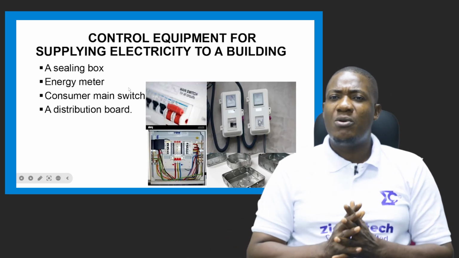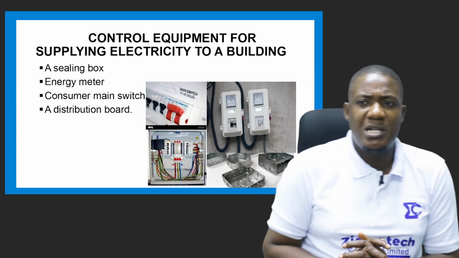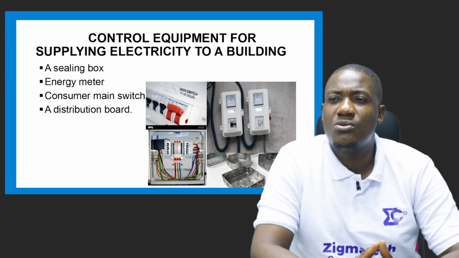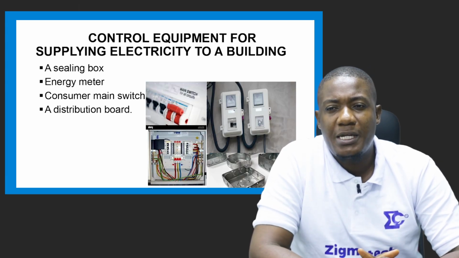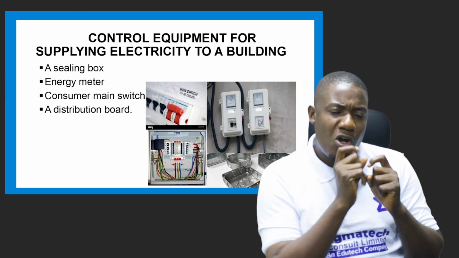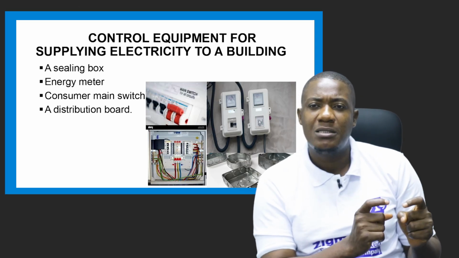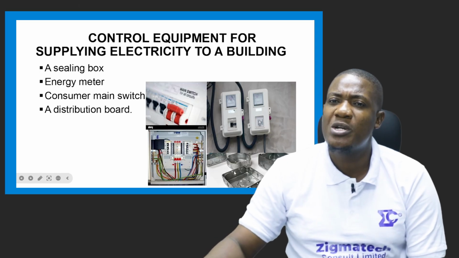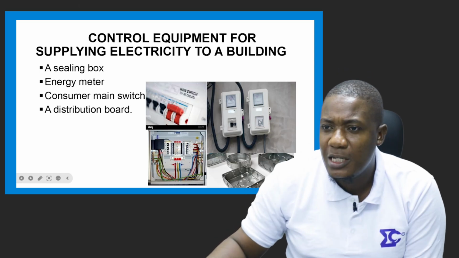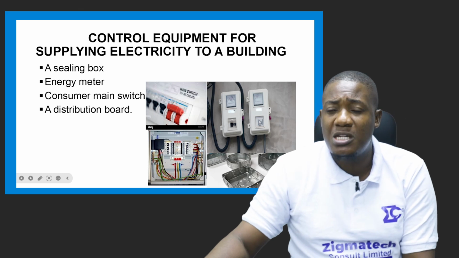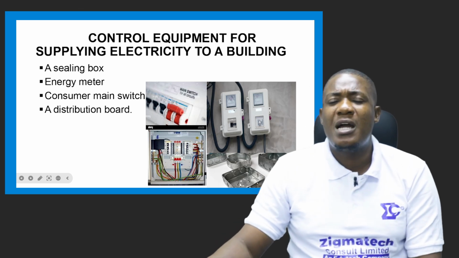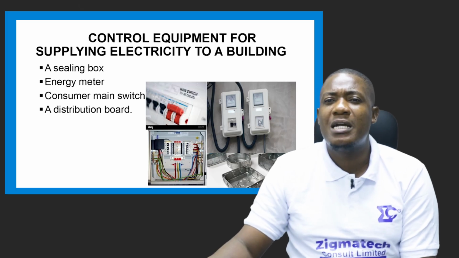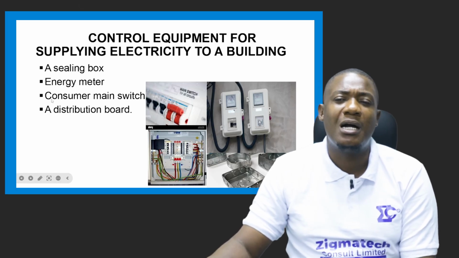Okay, now there are different control equipment we use for supplying electricity to a building. Now, this electricity that is coming from the distribution line, the first place it enters is what we call the ceiling box. It enters this ceiling box like you're seeing the cursor pointed. Now, from the ceiling box, the next thing is it enters the energy meter.